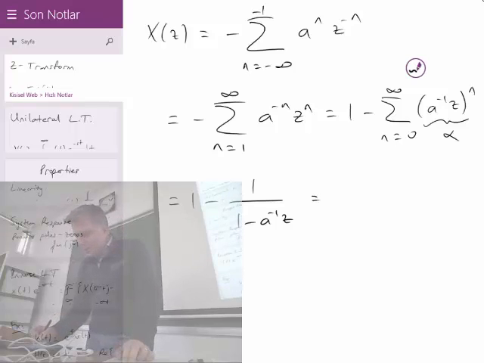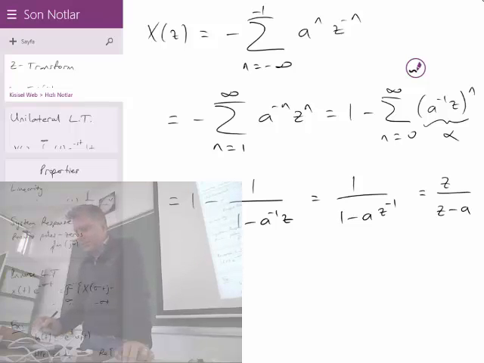And if you just combine the results, you will get 1 over 1 minus a z inverse. Quite interesting, isn't it? If you just carry out the calculations, this is what you will get, which is the same, z over z minus a. This is a deliberate example which gives you exactly the same result as the previous example.